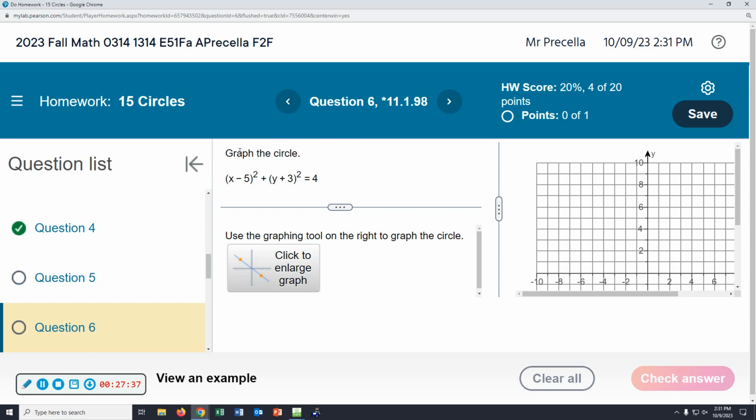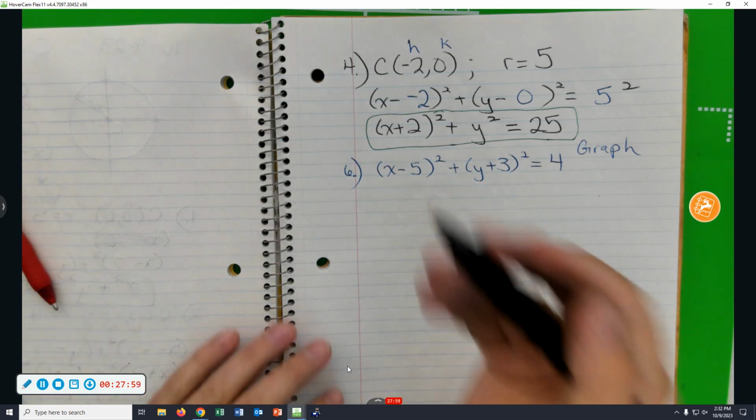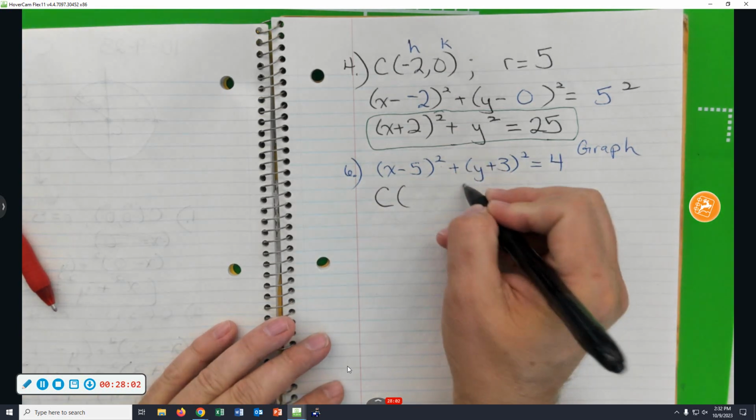Let me make sure I didn't miscopy this. Yes. There. They've already given us center radius form. To graph a circle, we need to know the center and the radius. I've told y'all what we're going to have to do. What do we do to find the actual center?